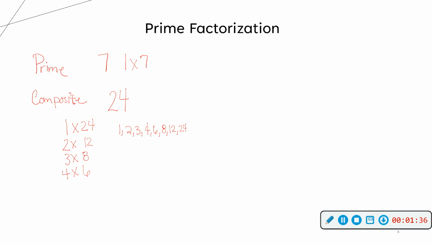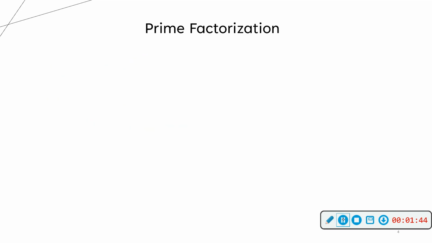Basically, prime factorization is where we break down a number. Let's look at an example real quick. Now let's use our knowledge of prime and composite to do the prime factorization of, let's say, 80.